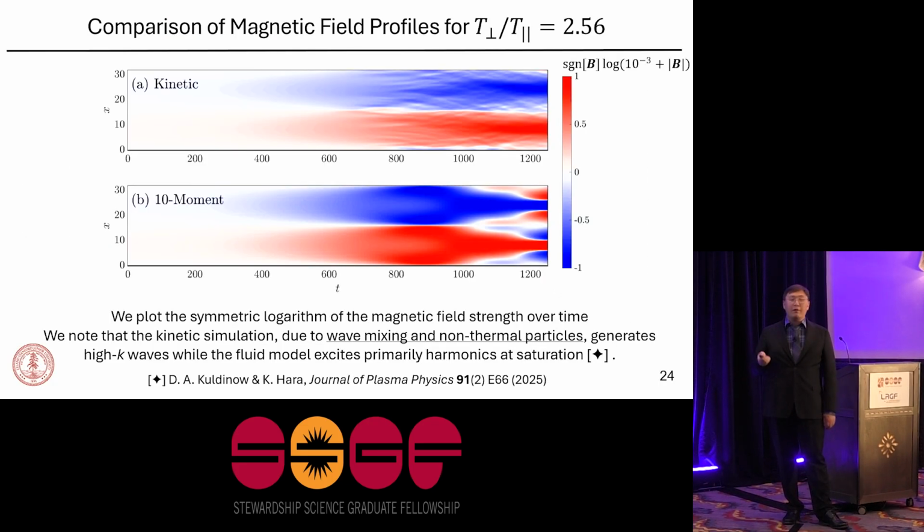And here's a plot of the magnetic field profiles due to the Weibel instability. Now, you can see that after saturation, the energy that is stored in the magnetic field is about the same, but the actual topology of the magnetic field is quite different between the two.